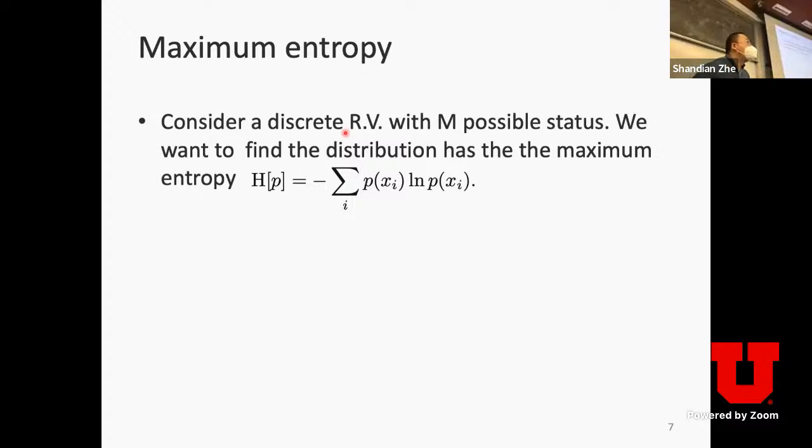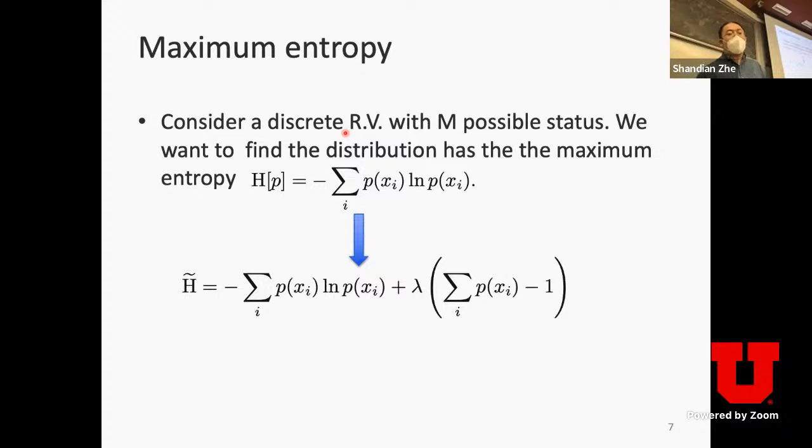Yes, exactly, right? But we need to show that. Because according to the definition, entropy is simply the summation of the logarithm of each probability weighted by the probability itself, right? Because this is a discrete random variable, we require that the summation of all the probabilities of the possible values be 1.